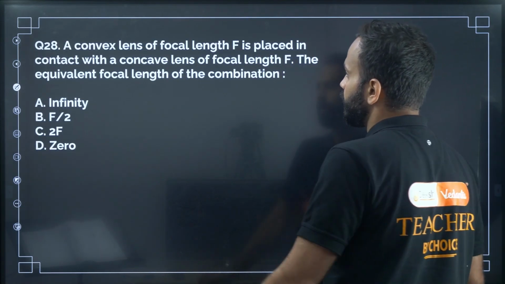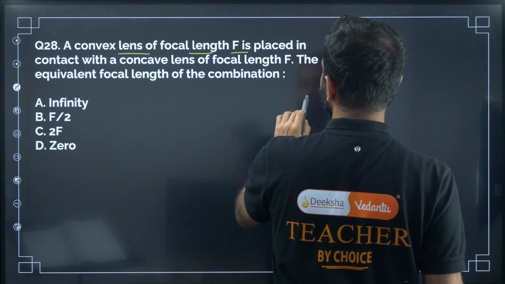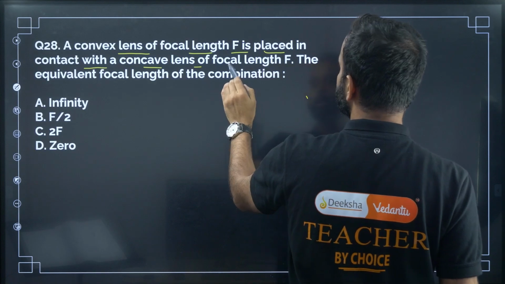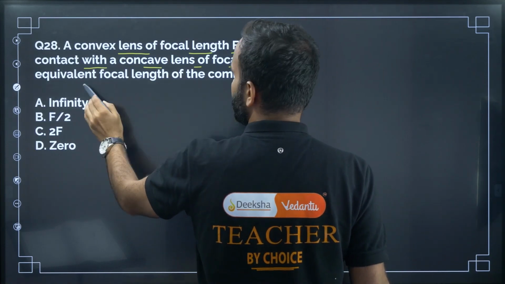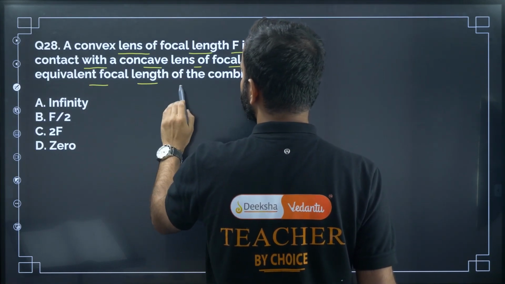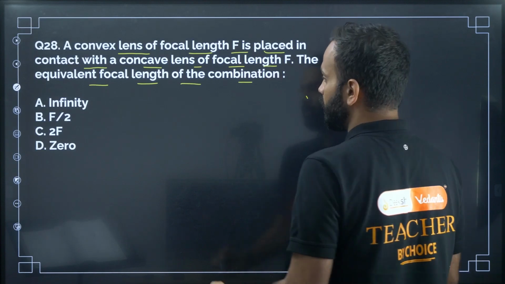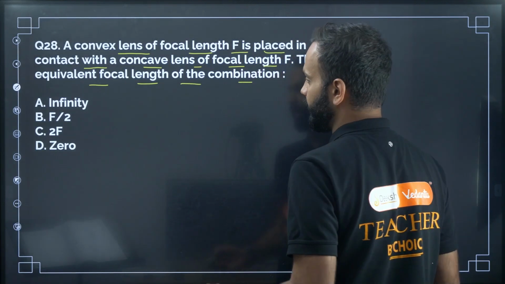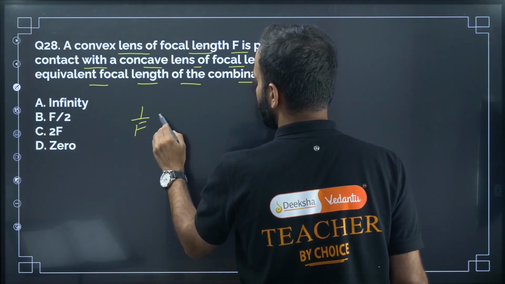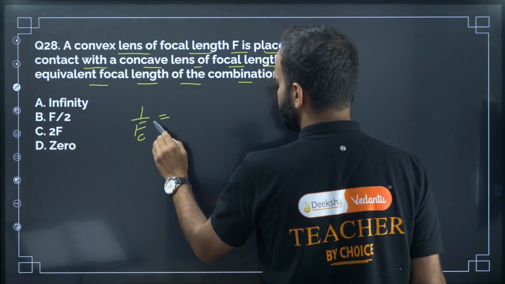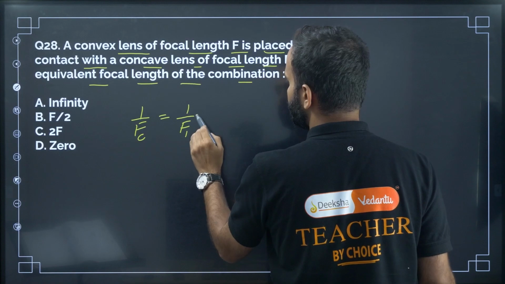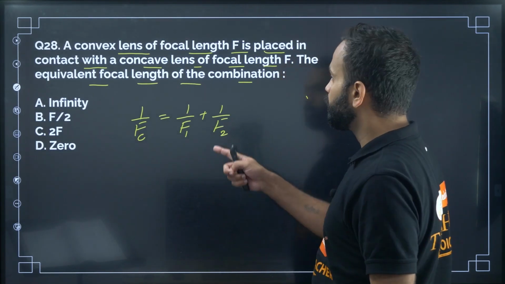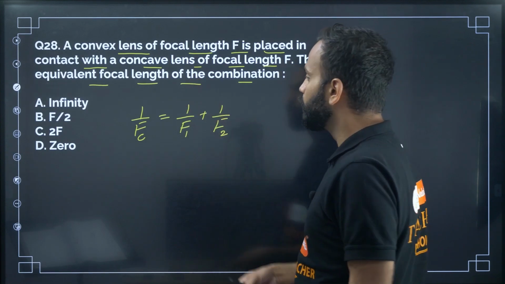Question number 28. A convex lens of focal length f is placed in contact with a concave lens of focal length f. The equivalent focal length of the combination? The direct question, right? You don't need to solve this on paper. We know that for the combination, 1 by fc is equal to 1 by f1 plus 1 by f2. f1 equal to f, f2 equal to minus f, because the concave lens has negative focal length.